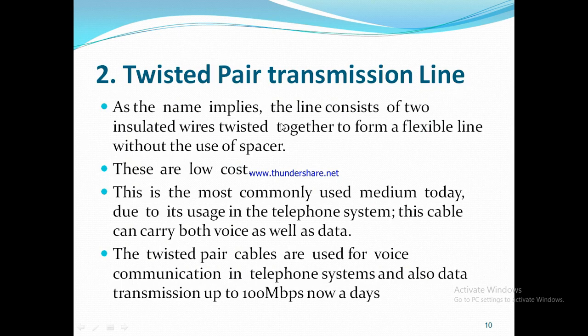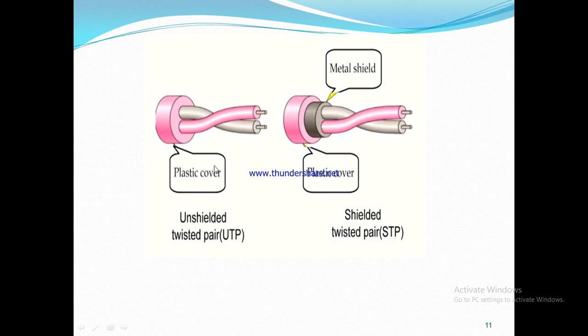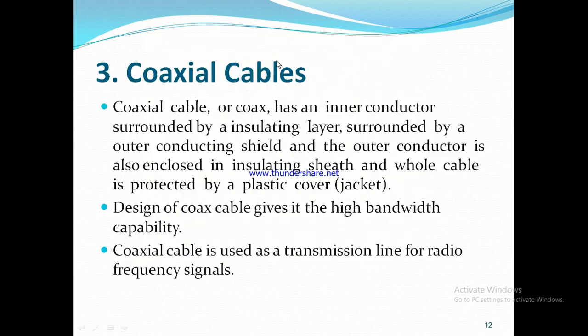As the name implies, the line consists of two insulated wires fixed together to form a flexible line without the use of a spacer. It is not used for transmitting high frequencies because of the high dielectric losses that occur in the rubber insulation.